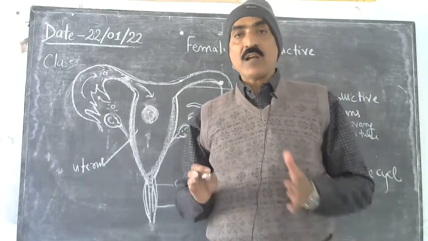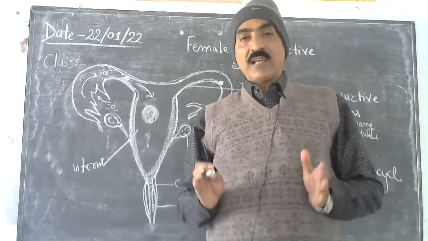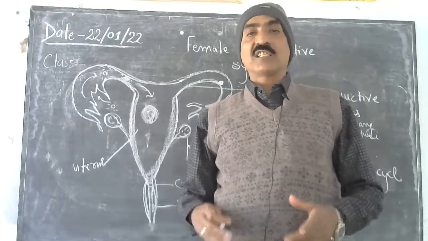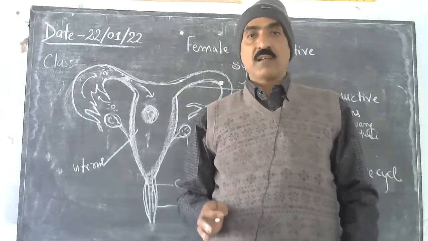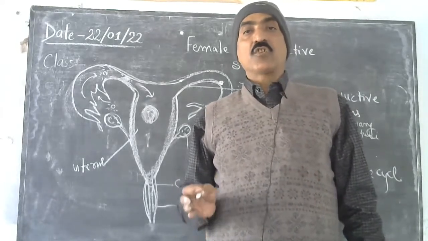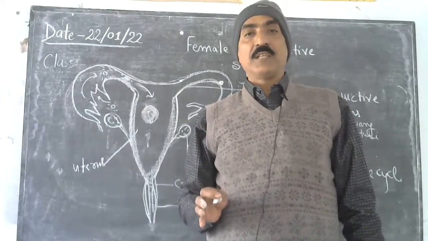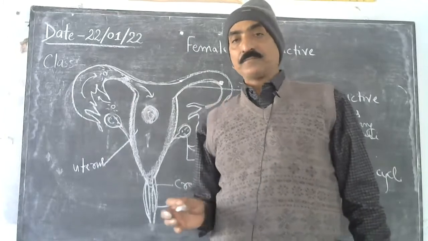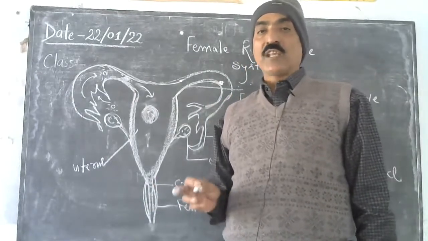The 280-day period in which the young one or embryo is nurtured in the mother's body, in the uterus, is called the gestation period, and after completion of the gestation period childbirth occurs, that is called parturition.